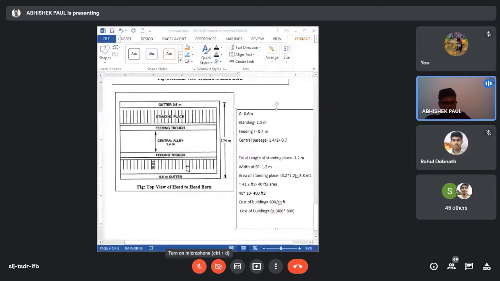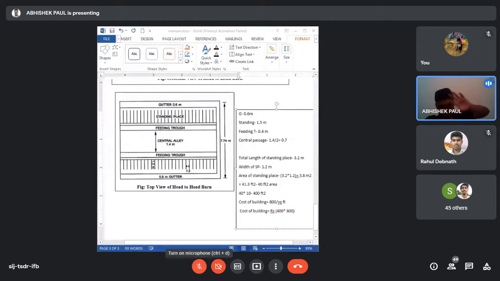Now, if I ask you to calculate the cost of the building for 20 number of cow, would you be able to do it or not? Simple. For one animal, 40 feet square area is required. For 20 animal, how much? 40 into 20.